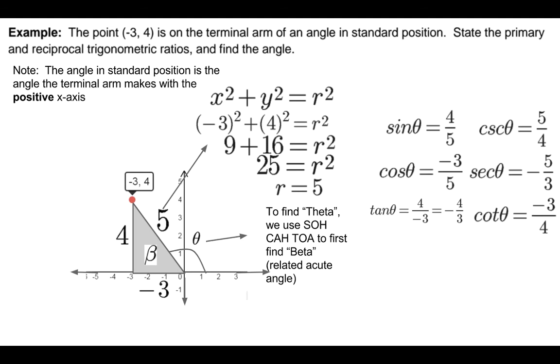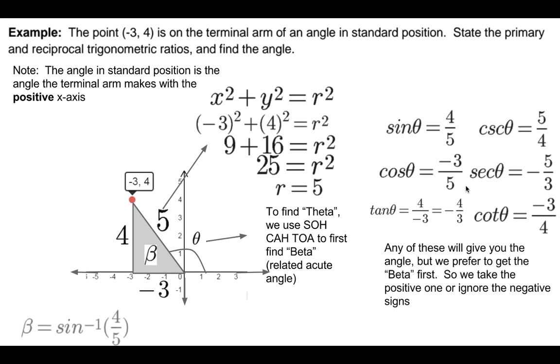Using one of these, we can actually get beta. And so by getting beta, we just ignore the fact that there's negatives. So we probably want to use this one. This sine theta is 4/5, or you can use this one. But to find beta, we just do the sine inverse of 4/5. It'll work the same to do the cos inverse of 3/5 or the tan inverse of 4/3. But you want to ignore the negative sign because you do want an acute angle, 53 degrees.